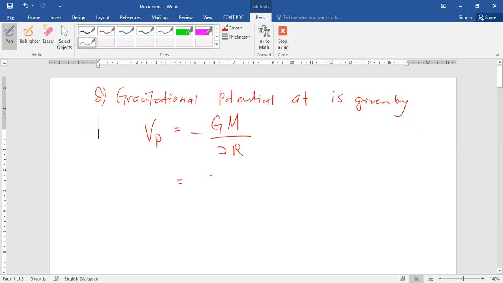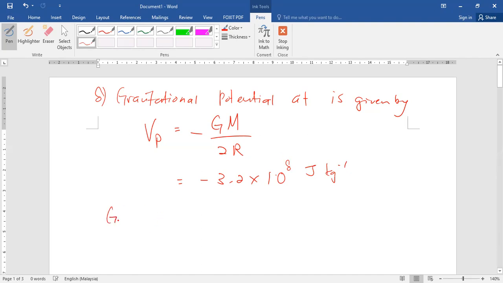So it will be equal to negative 3.2 times 10 to the power 8 joule per kg, given for the gravitational potential at P, with distances x and 2x.